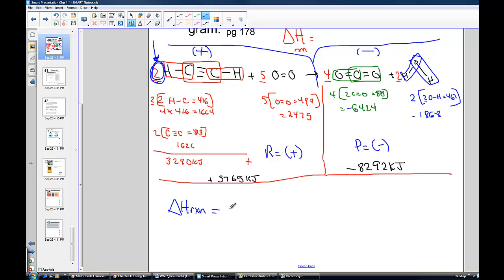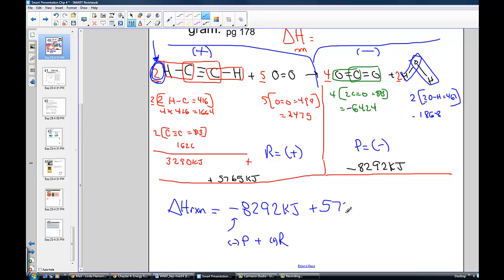So I'm going to take the negative 8292 kJ, and because we're forming new bonds on the product side, we make this negative, and we're just going to simply add the positive reactants.